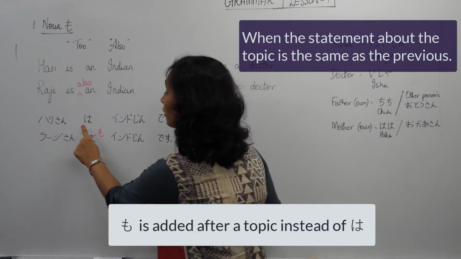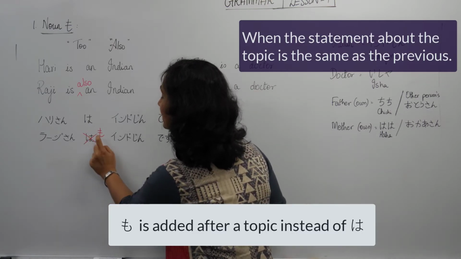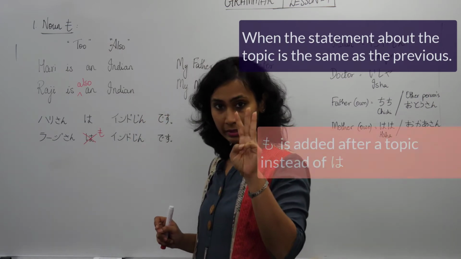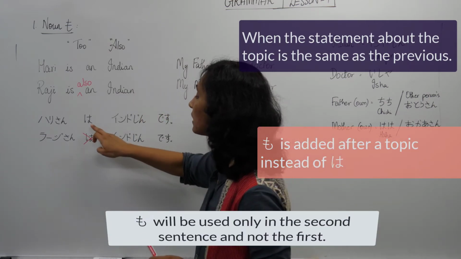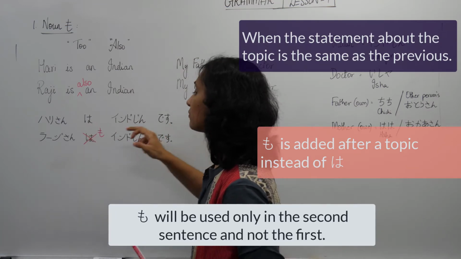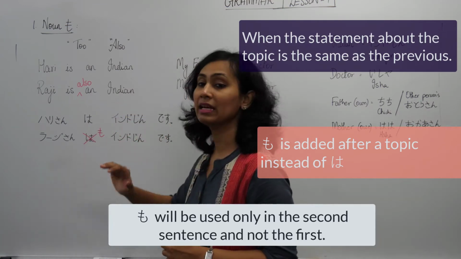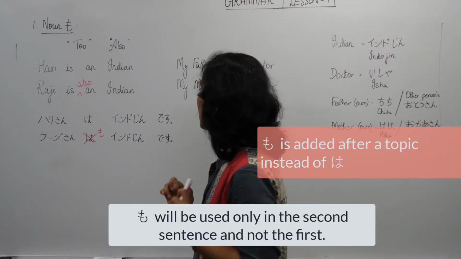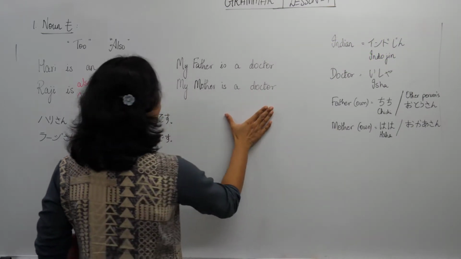And instead, wa should be replaced by this particle mo. Third thing, mo will never come in the first sentence. It will only come in the second sentence. Clear? Let's see how much you've understood.